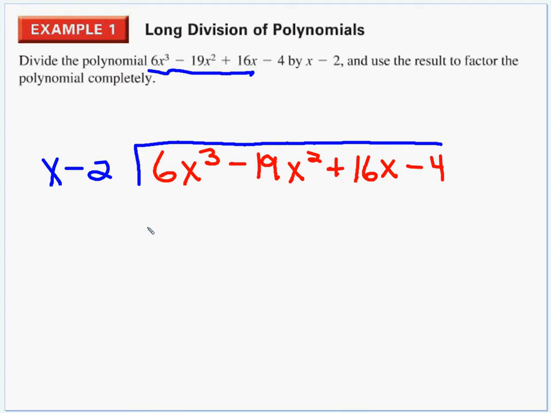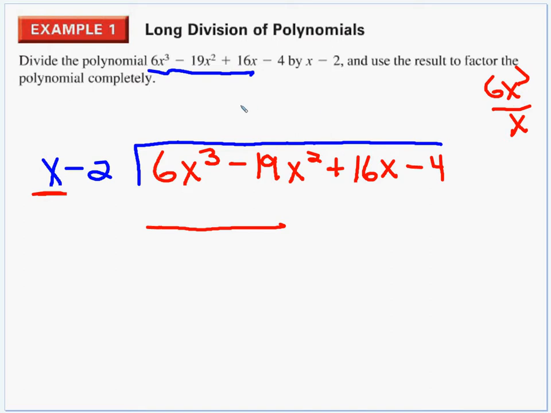All right, now the goal here is to get rid of this 6x cubed, the first term, and out here we've got an x, so we need to come up with something on top here that we multiply by x and get 6x cubed, or you could go off to the side and do some scratch work. 6x cubed divided by x would be 6x squared.